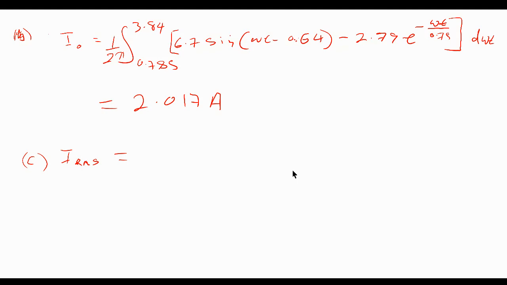What we mean by RMS: you square this part of the function, everything else remains as is. You take this part, square it, integrate between these limits, and divide by 2 pi.